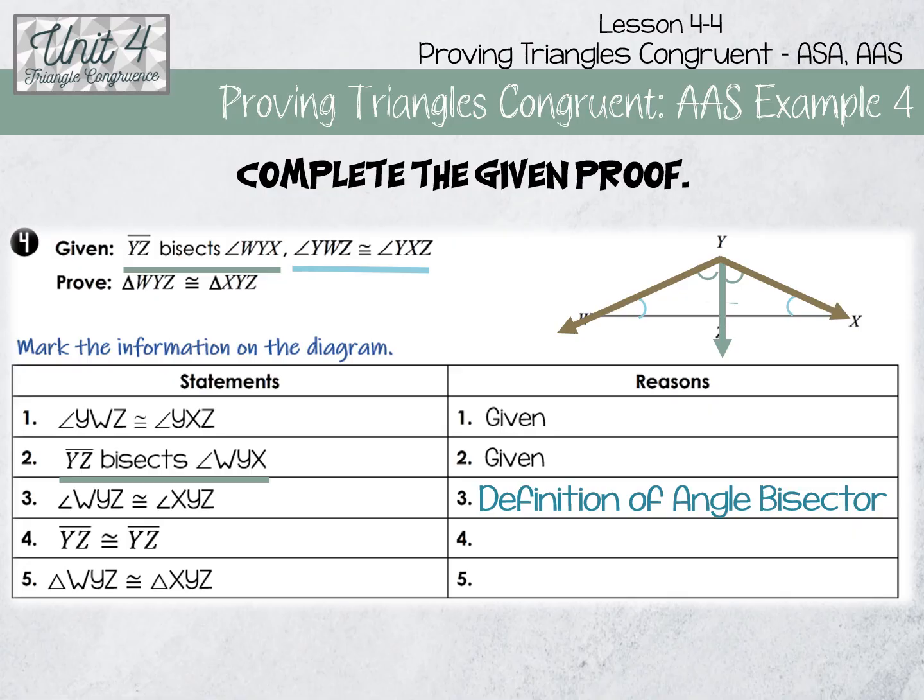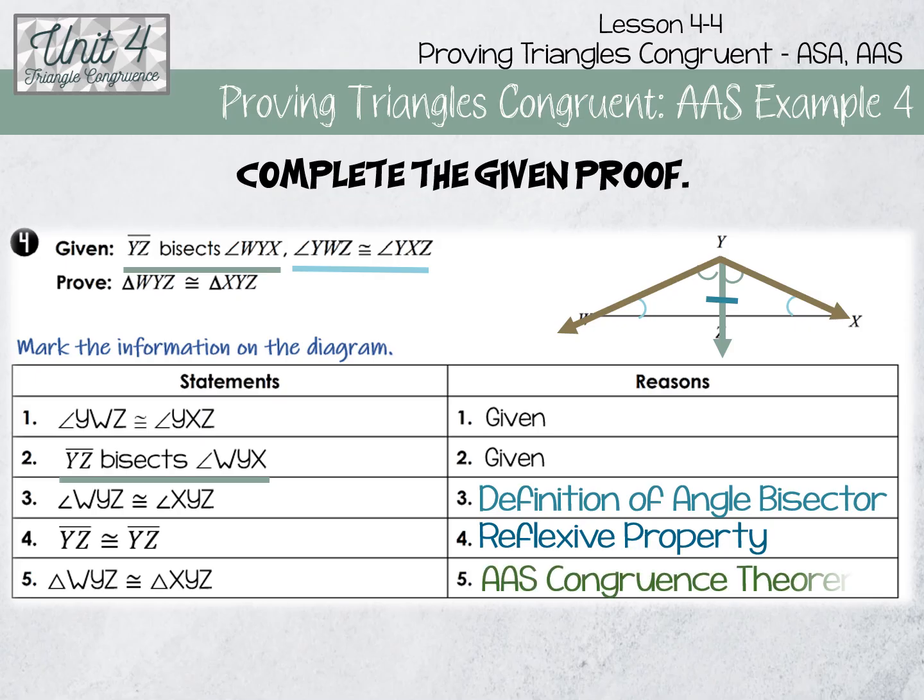And we do have that shared side, reflexive property. Segment YZ is congruent to itself. Segment YZ, reflexive property of congruence. And then by angle, angle, side, congruence theorem, the set of sides that are congruent are not between the angles, and they are corresponding sides.